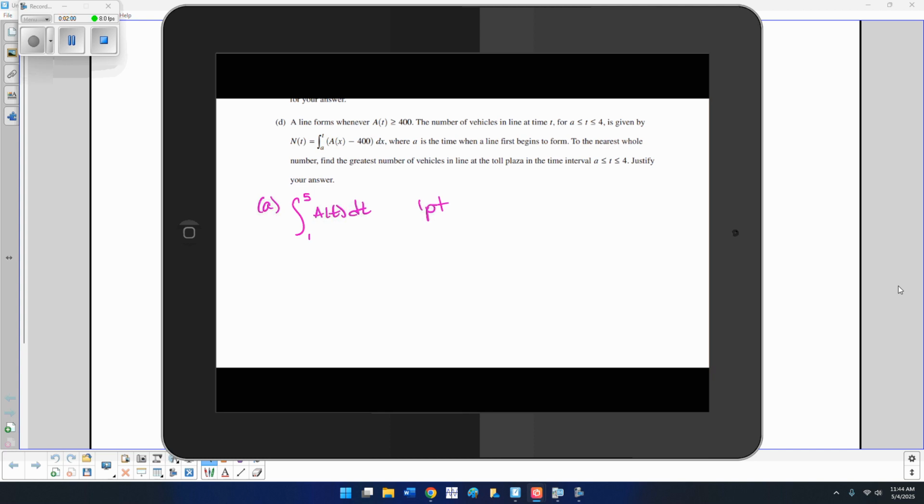It must be a definite integral. It must have a lower and an upper bound. If you put it in absolute value, it's okay, because this function always has positive outputs, so the absolute value of A of T is equivalent to this. You're also allowed to write the actual function in there.